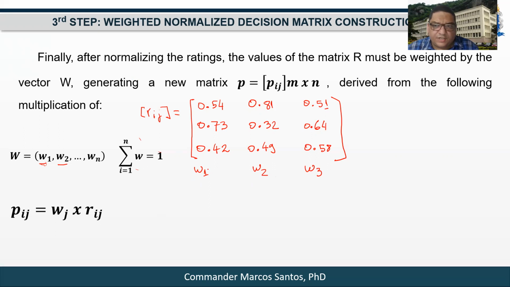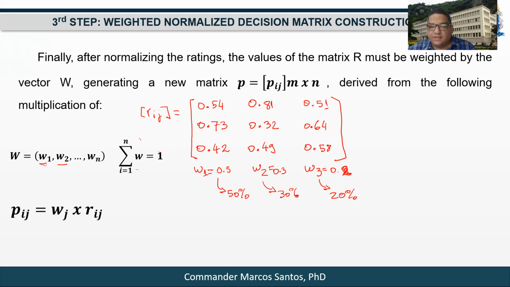And for instance, I have W1, 0.5, W2, 0.3, and W3, 0.2. Look here, we have 50%, here we have 30%, and here we have 20%.